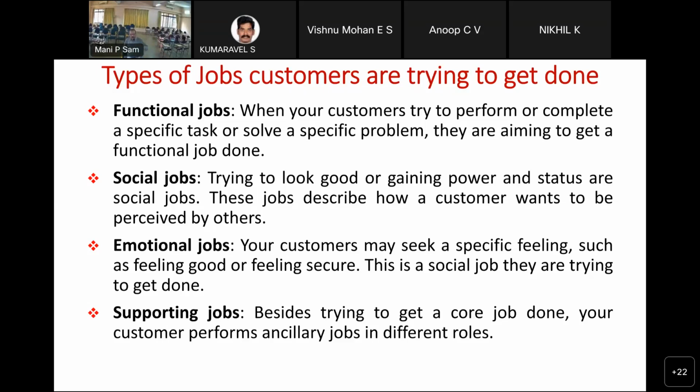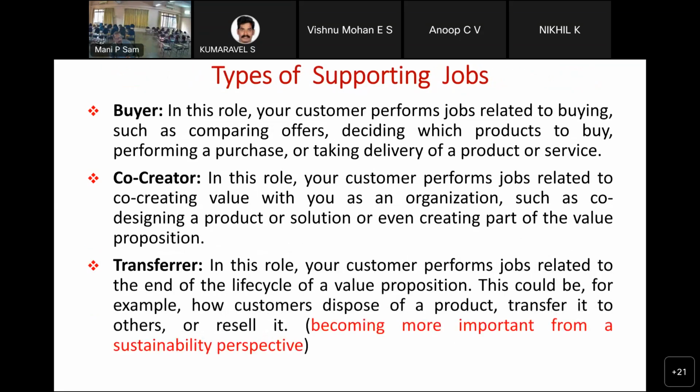And you should also look at something called supporting jobs. These are basically the ones which are not part of these three, but they enable the person to get the job done, actually operationalizing whatever is being delivered. Let us look at them. It could be a buyer, or a co-creator, or a transferor.